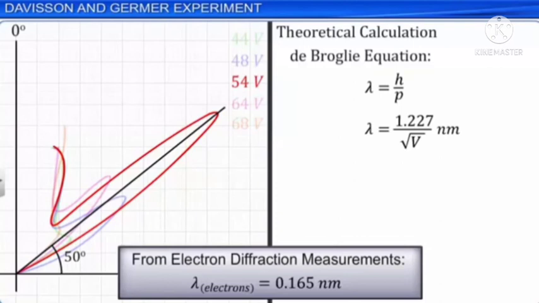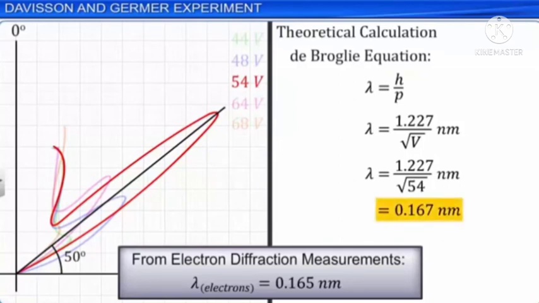In this experiment for diffraction of electrons, the peak value of intensity was observed at 54 volt. On substituting this value in the equation and simplifying, we get the associated wavelength equal to 0.167 nanometer. This theoretical value is in agreement with the experimentally obtained value of de Broglie's wavelength for electrons. The Davisson-Germer experiment thus confirms the wave nature of electrons and the validity of de Broglie relation.